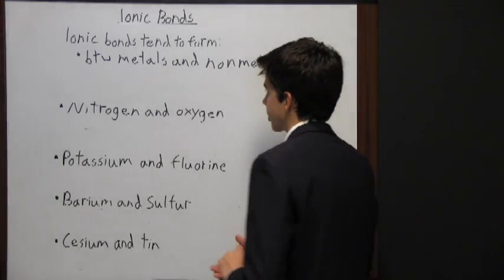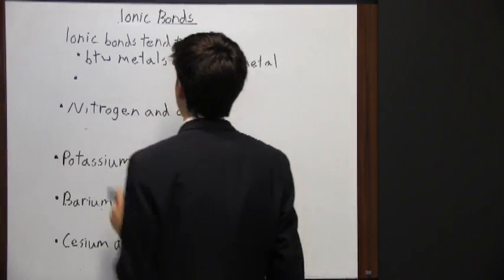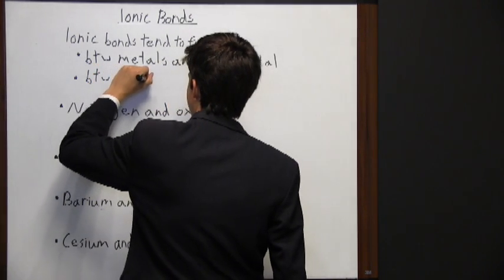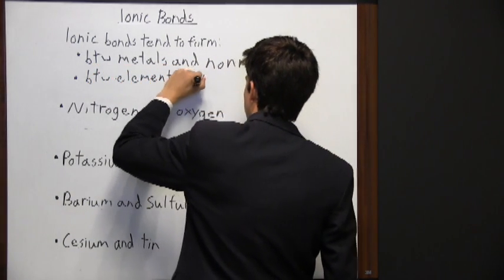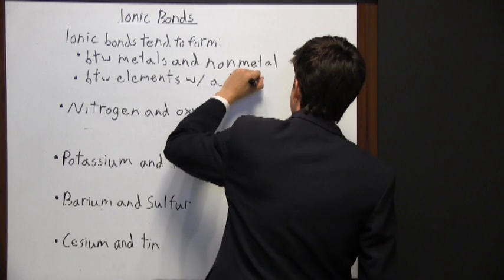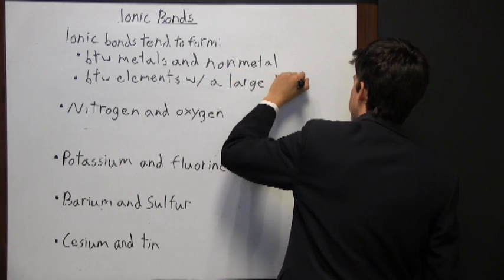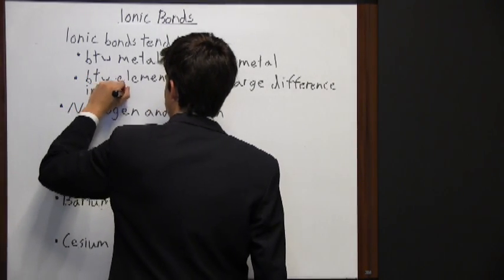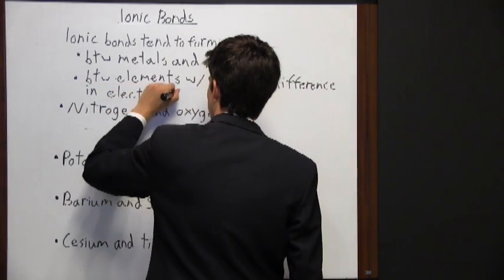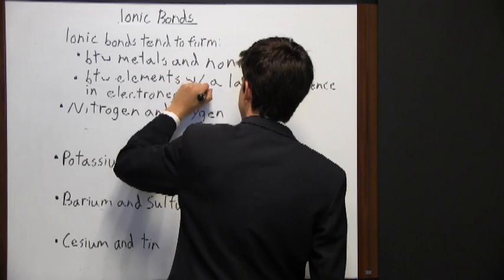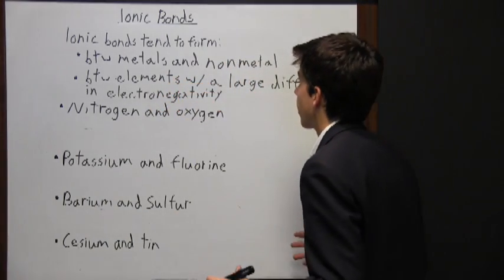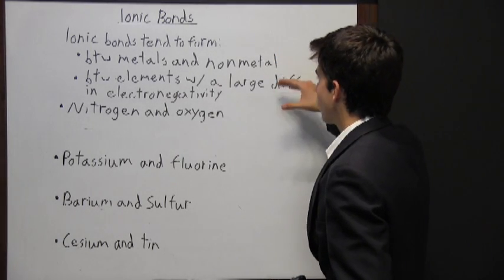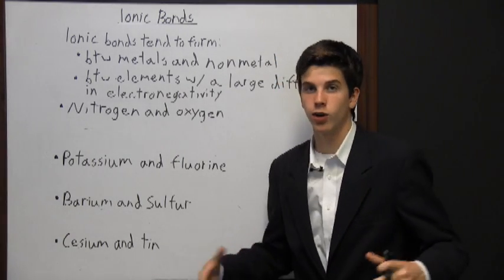Now the second criteria is that ionic bonds tend to form between elements with a large difference in electronegativity. So the larger the difference in electronegativity, the better the chance ionic bonds are going to form.